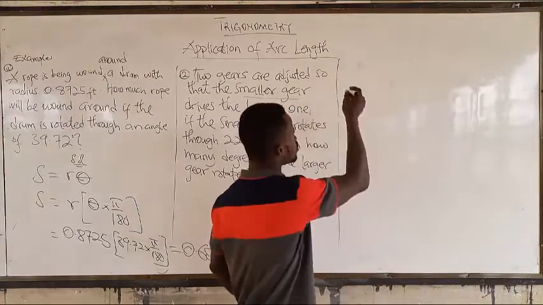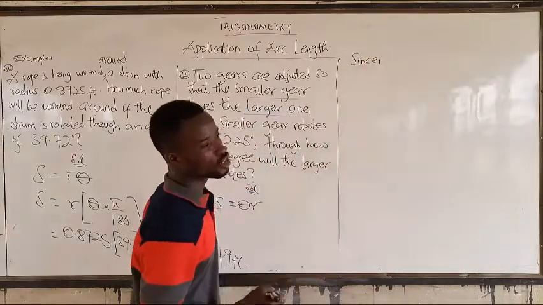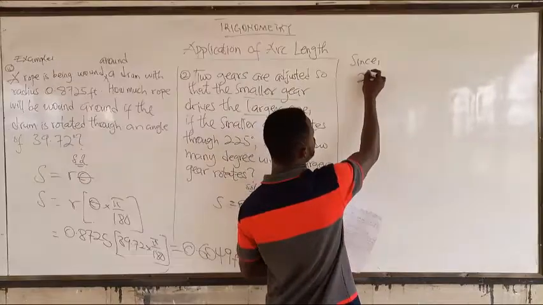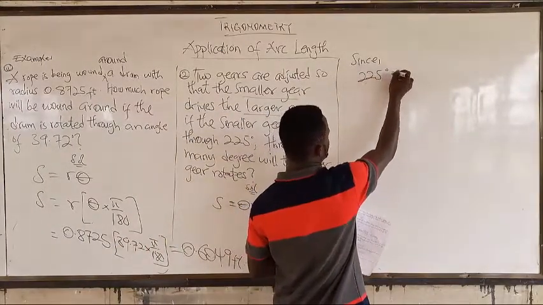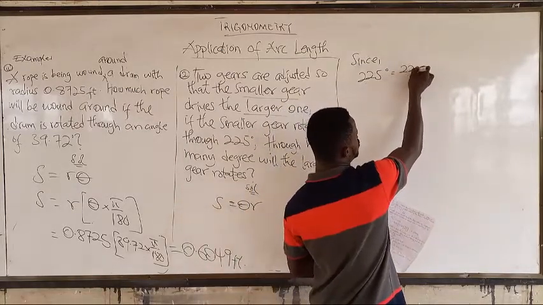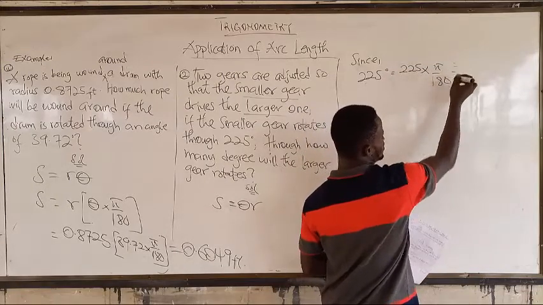Since we are converting to radian measure, and we have 225 in degrees, we just multiply 225 by pi over 180.